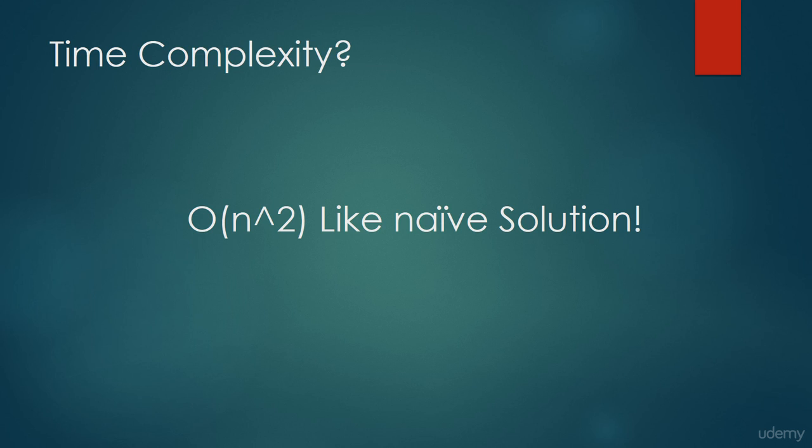Now the time complexity of this algorithm is actually O(n squared), and surprisingly, it's the same as the naive solution. The naive solution would be to check all the possible pairs, right? Let's say I do 2 loops, and I check all the possible combinations. It's a brute force solution.